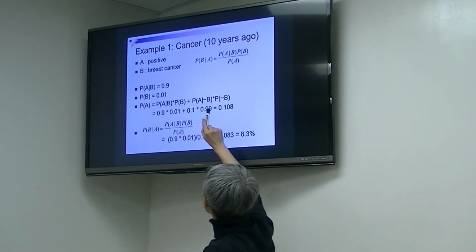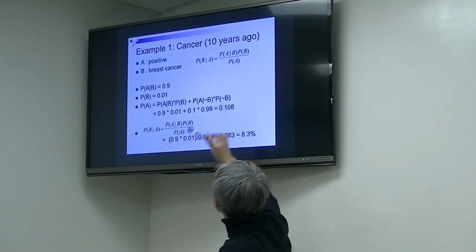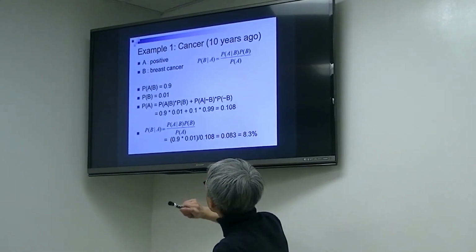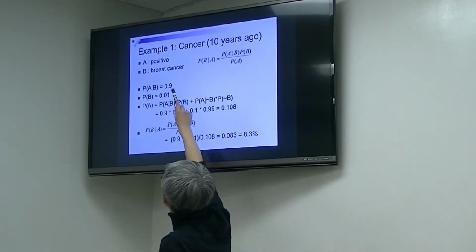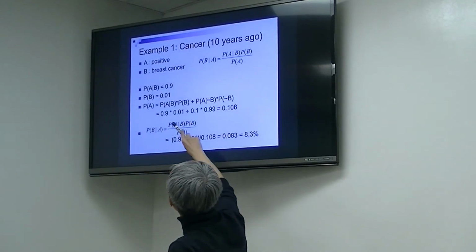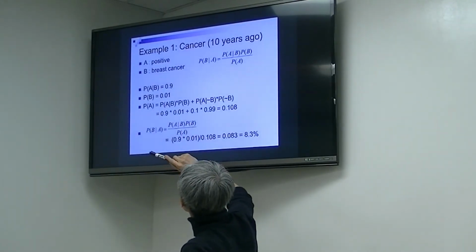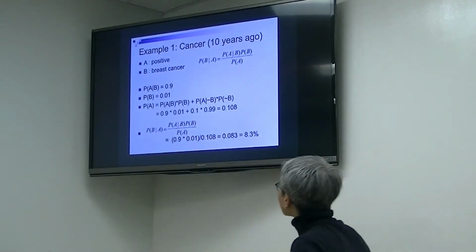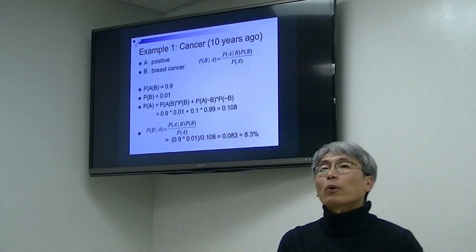So if you calculate this one, the denominator will be 0.108. Okay? Then the P of A is 90%, and this one is 0.01. So if you calculate this, it will be like 8.3, around 8%.